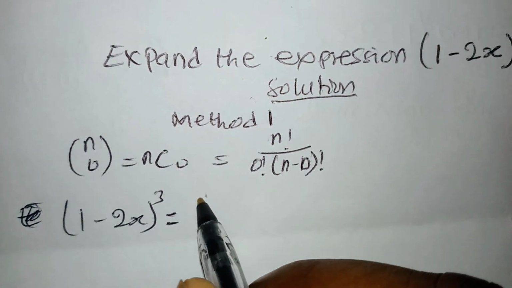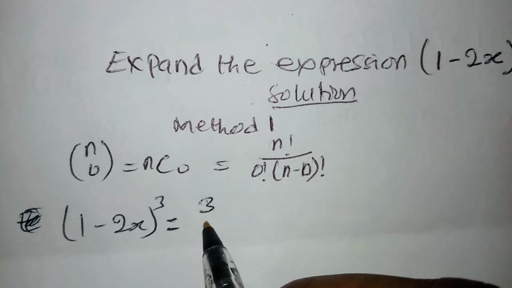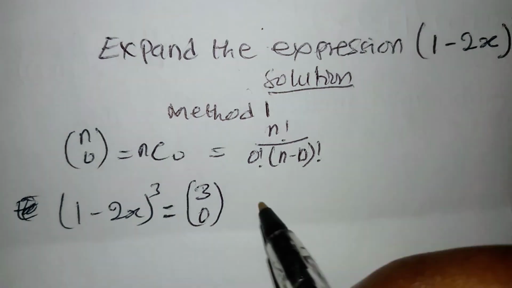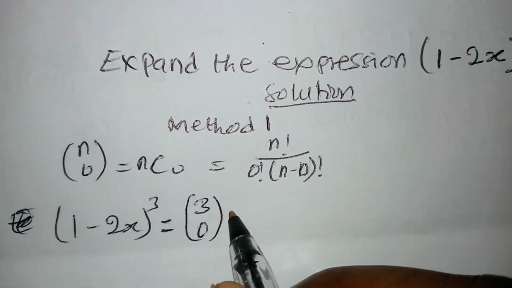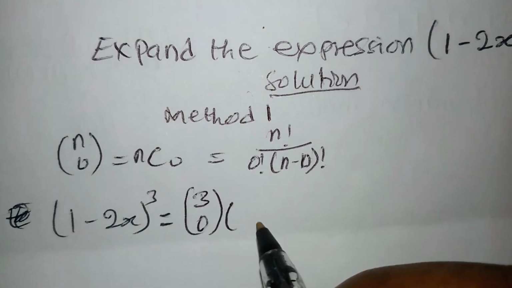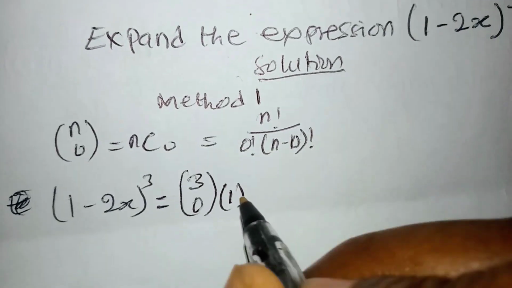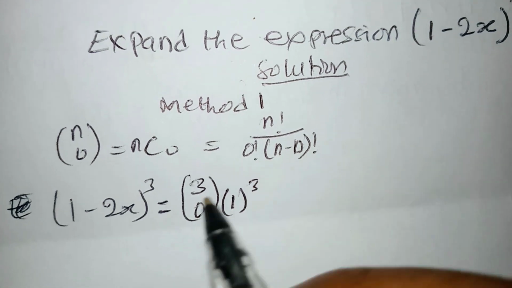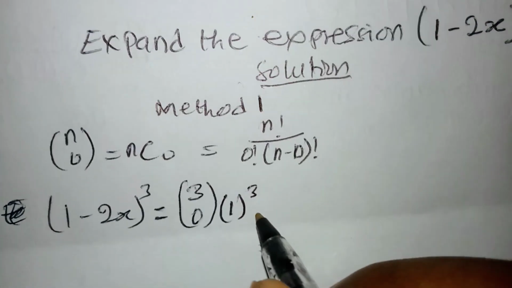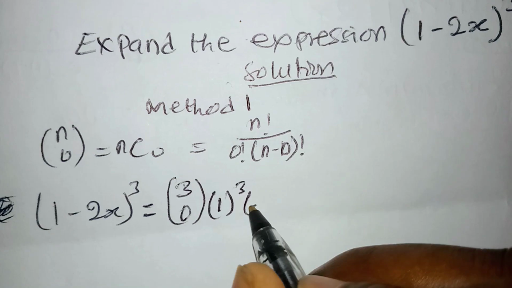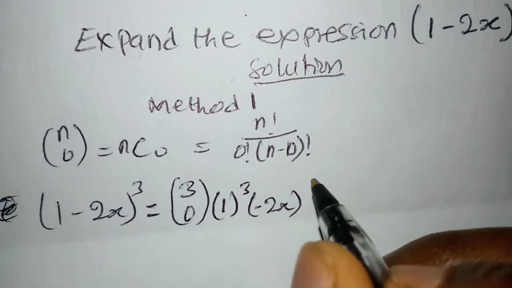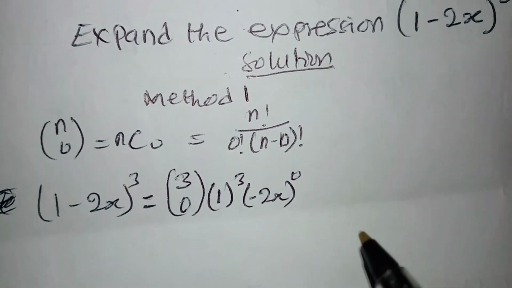So 3 combination 0 will be multiplied by these terms here. The first term here, which is 1, will be exponent 3, and then the second term here, minus 2x exponent 0.